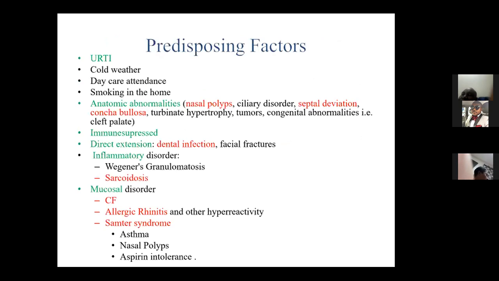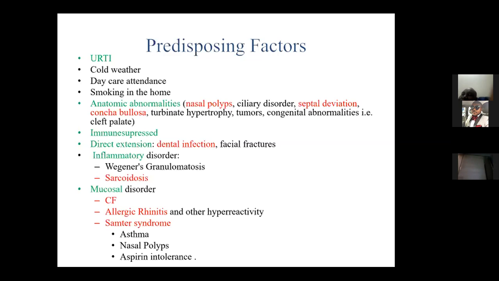Now, what are the predisposing factors? Common in our environment, upper respiratory tract infections are common predisposing factors. Cold weather, like in the harmattan in our environment, daycare attendance for children, smoking, and even anatomical abnormalities, congenital abnormalities like nasal polyps, ciliary disorders, cystic fibrosis, septal deviations, all of these can predispose, even tumors.